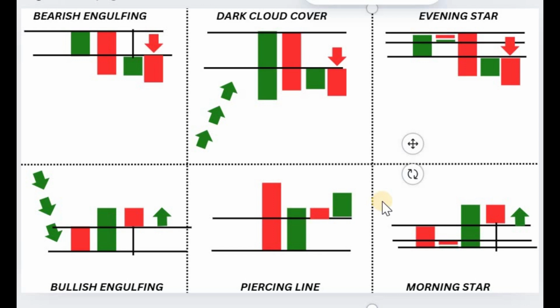The pressure is at the support and the resistance, and these candlestick patterns are forming to confirm that support and resistance. And within that support and resistance, we now have other supports and resistances.